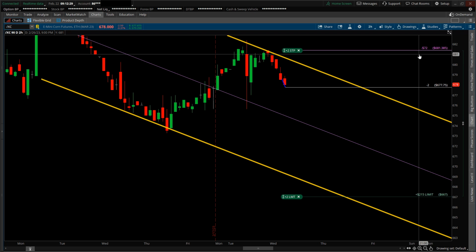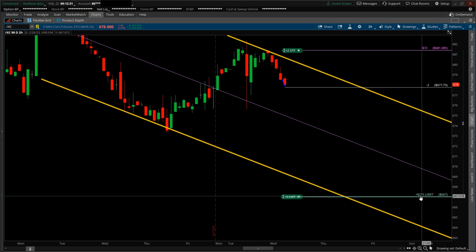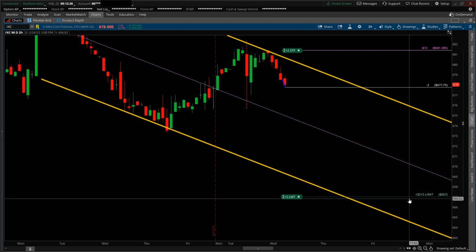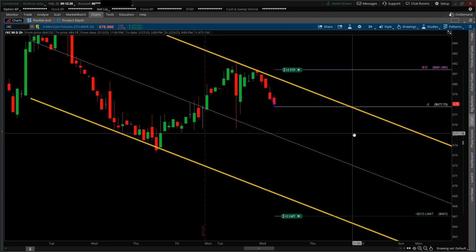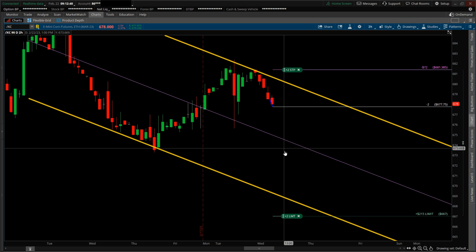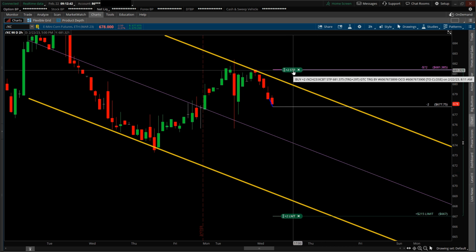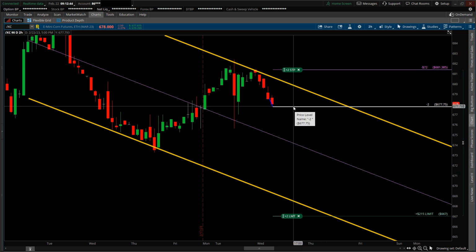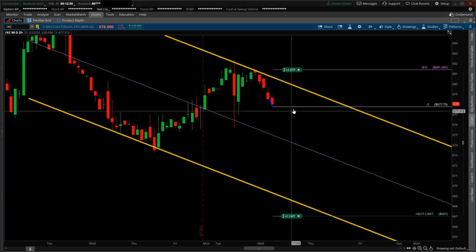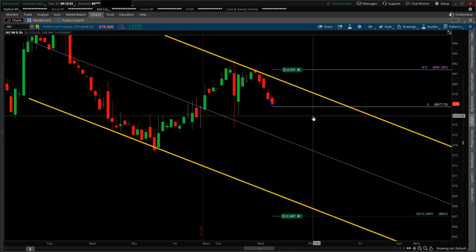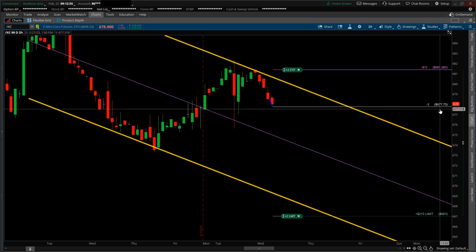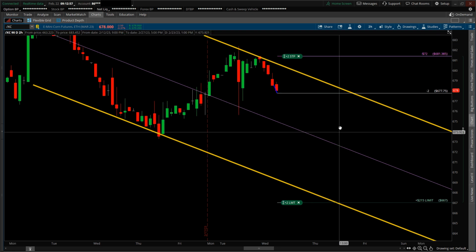Considering I'm risking 72 to make 215, this is approximately a 1-to-3 risk to reward ratio. If there's a strong move to the downside, I will walk my stop to my entry price. This way I'm guaranteeing a zero-loss trade, because at that point it'll be a push in case price does cross right back above 677 and 3/4.